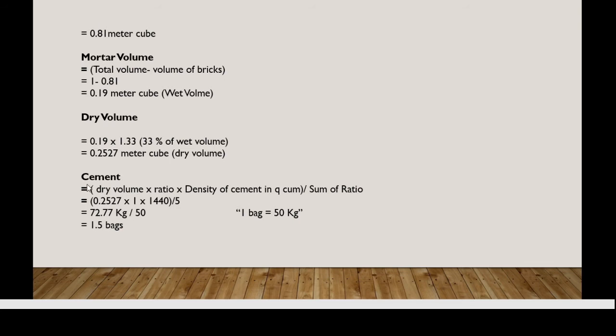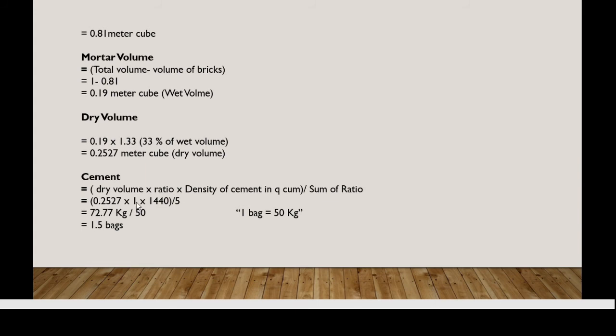Now we can get the cement value. The formula is: dry volume into ratio into density of cement, divided by the sum of the ratio. This is the formula we use to obtain the value of cement. Dry volume equals 0.2527 from the above, into ratio.